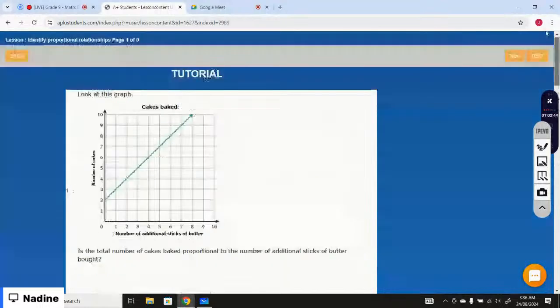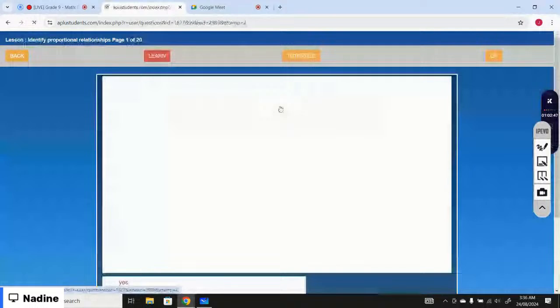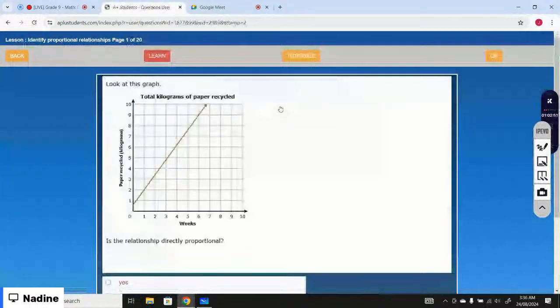Okay, let's just start with the test questions. Look at this graph. Is the relationship directly proportional, yes or no? Which is the correct option?